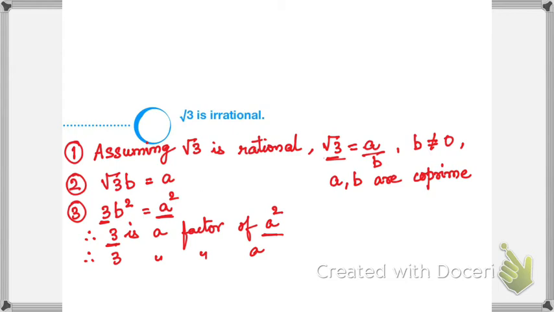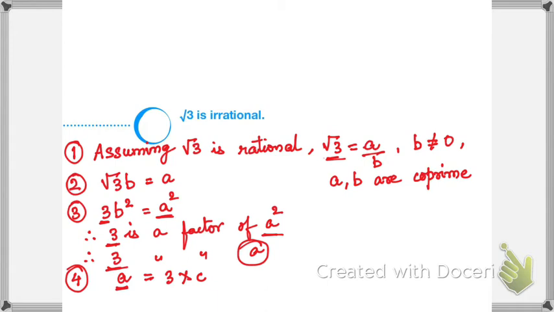Now moving on to step 4, substituting a. Since 3 is a factor of a, 3 is always there, and with 3 there can be some other number as well, that number we are assuming as c.